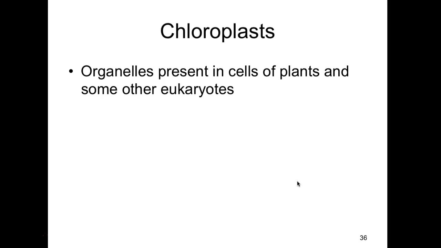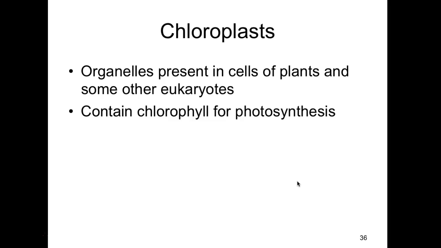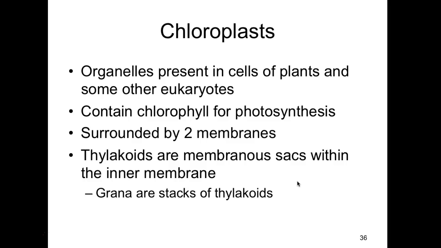The chloroplast is another organelle that is present in the cells of plants and some other eukaryotes, like blue-green algae. It's going to contain pigments, especially the main photosynthetic pigment chlorophyll, which is green. It too is surrounded by an inner and an outer membrane. And then inside you have sacs called thylakoids, and the thylakoids are going to be the location of the light-dependent reactions for photosynthesis, because that is where the pigments are going to be stored.